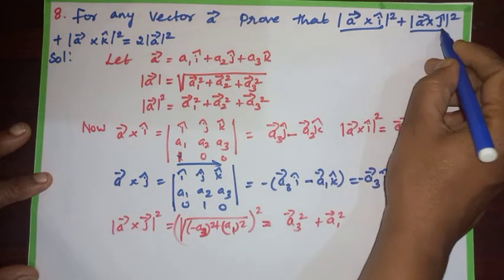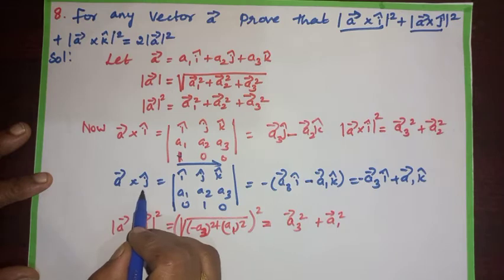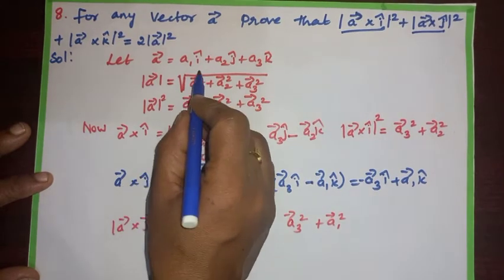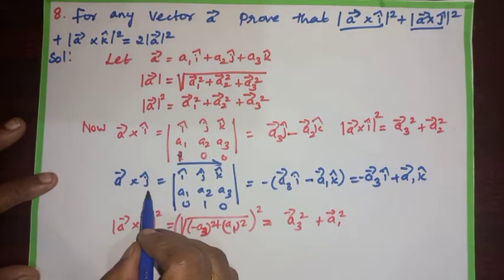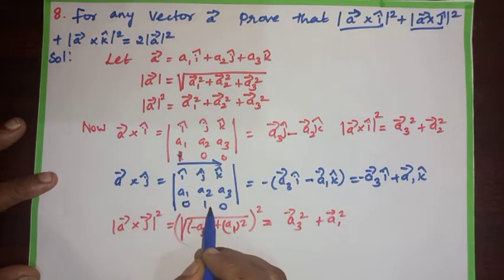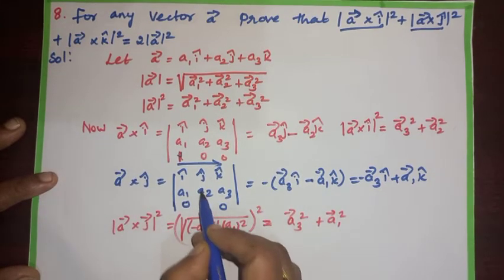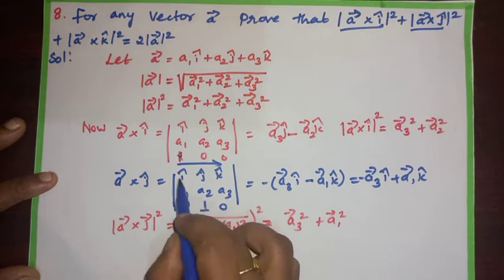Next we are going to find vector A cross J, which is equal to the determinant I, J, K; vector A is A1, A2, A3; the coefficient of I is 0, J is 1, coefficient of K is 0. Expanding along R3, there will be a negative sign. Delete this column and row.